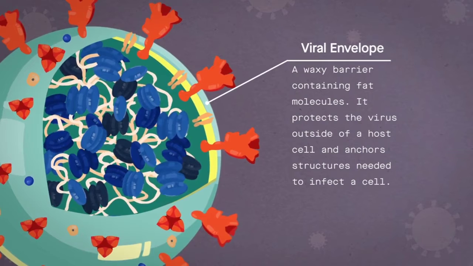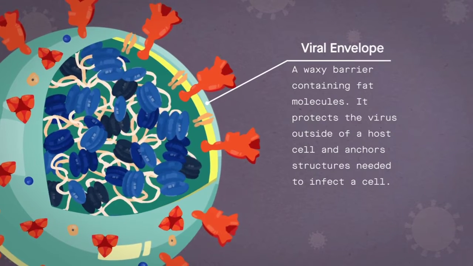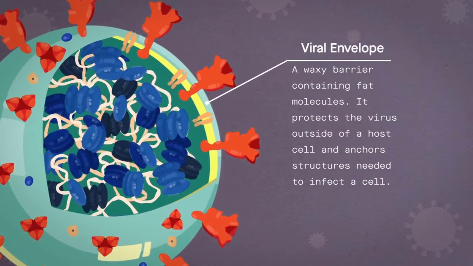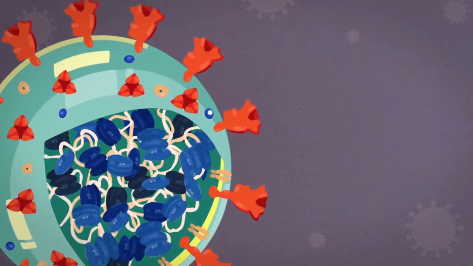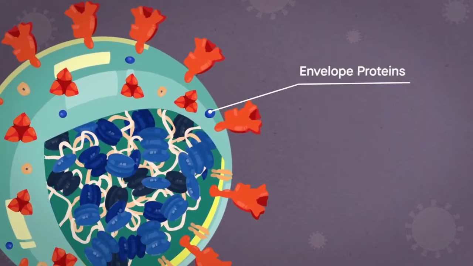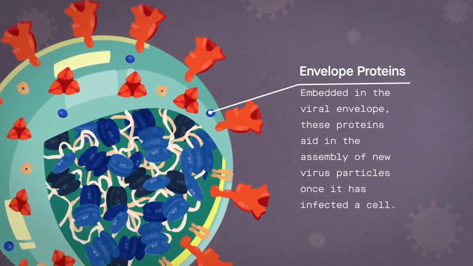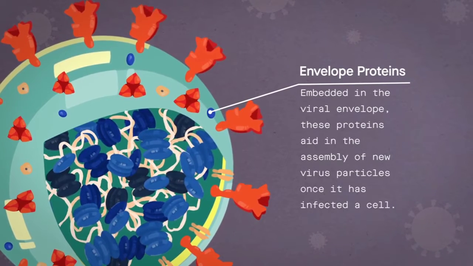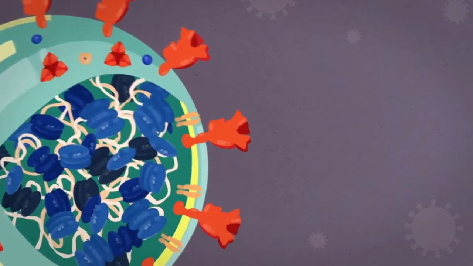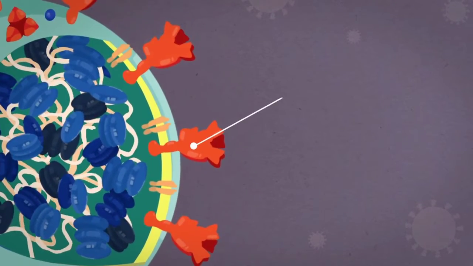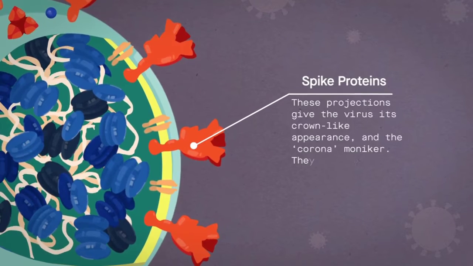As well as protecting the precious genetic cargo, this layer anchors the different structural proteins needed by the virus to infect cells. Envelope proteins embedded in this layer aid the assembly of new virus particles once it has infected a cell. The bulbous projections seen on the outside of the coronavirus are spike proteins.